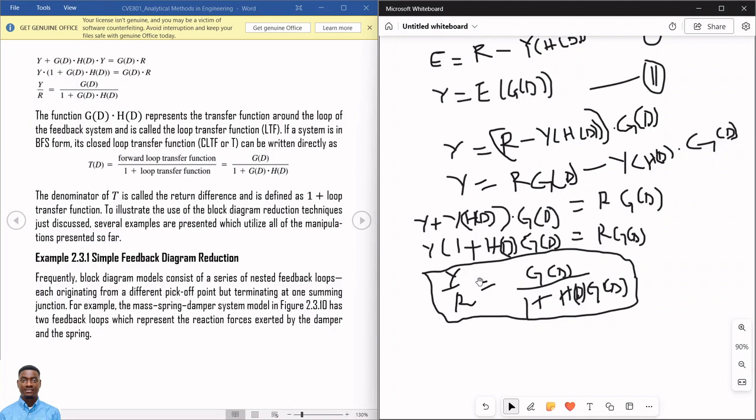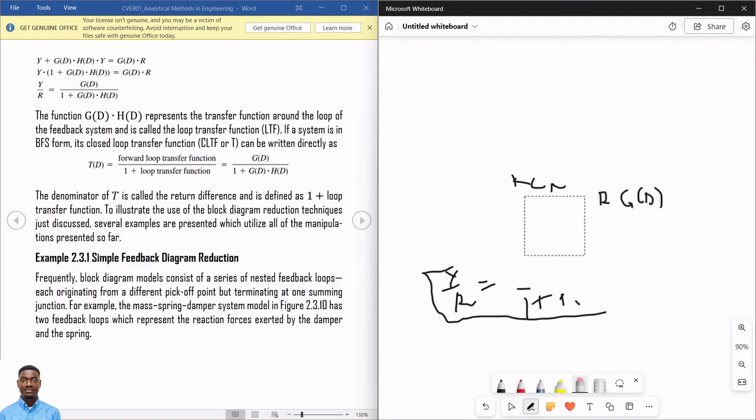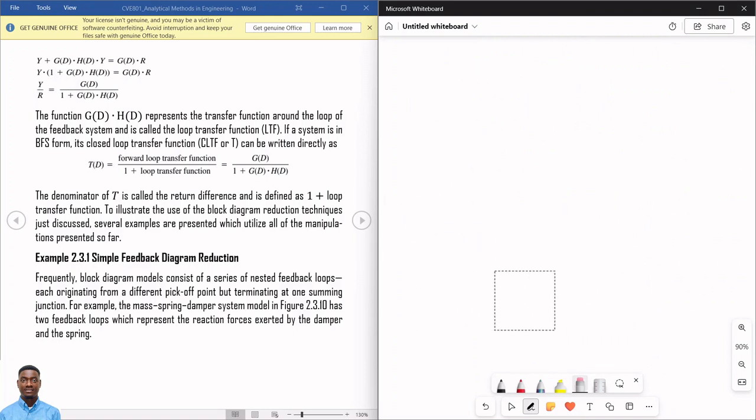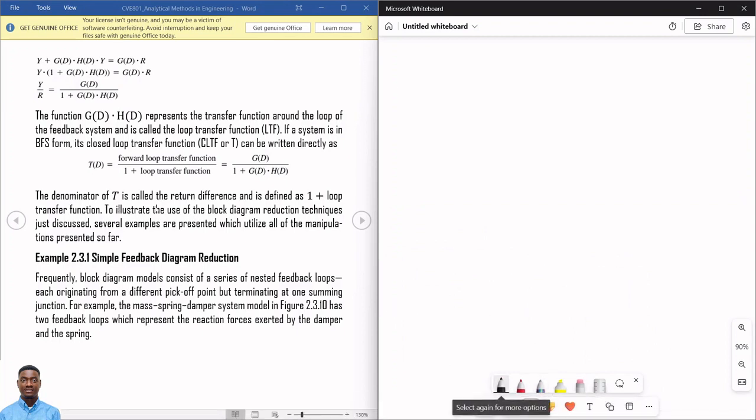So let's just look at some examples to see how these things actually work in operation. Let me rub this part of this whiteboard and change my pen.